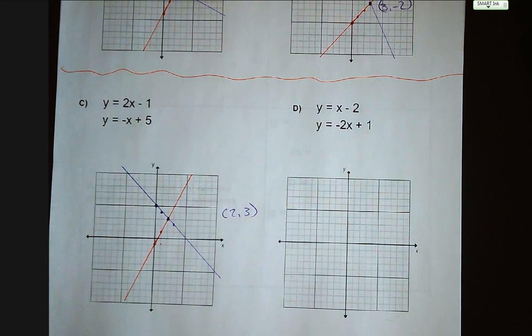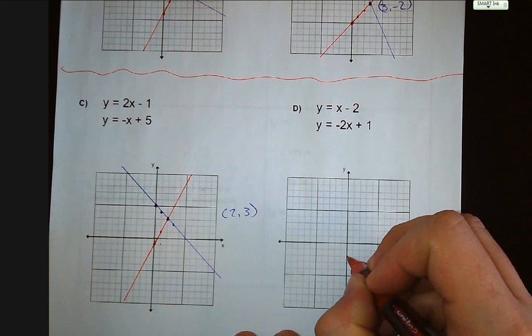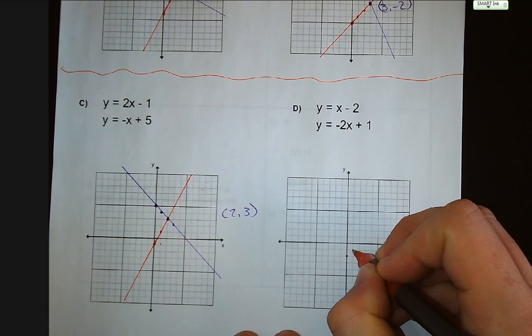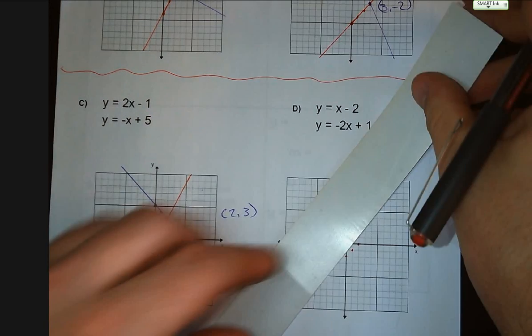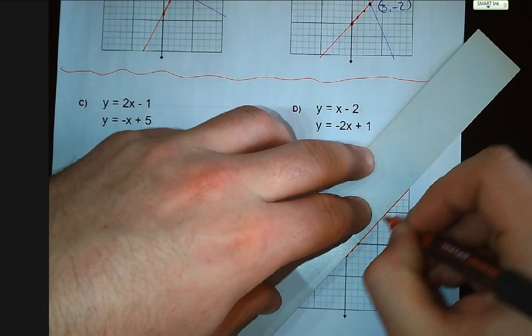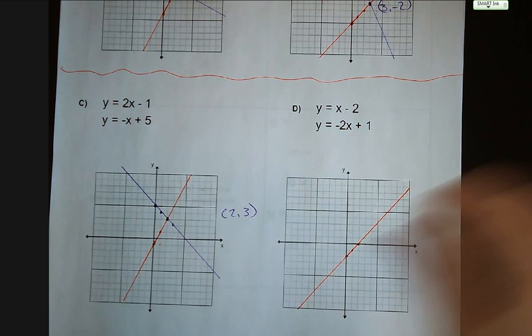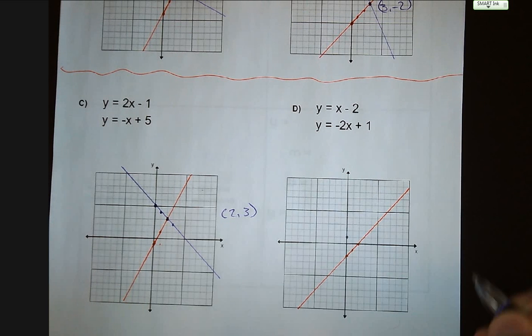Okay, letter D, we have y equals x minus 2, so we have a y-intercept at -2. And we have a slope of a +1. Okay, our second equation, we have a point at +1 and a slope of -2.